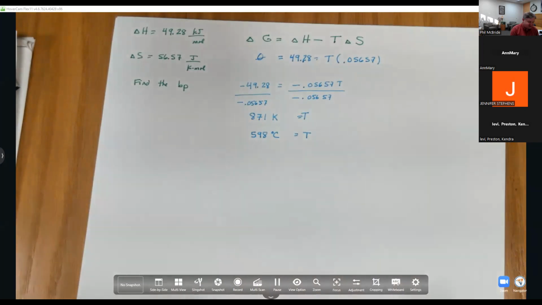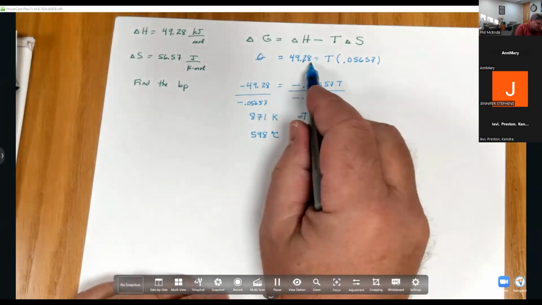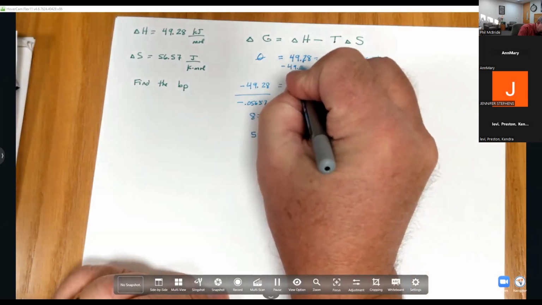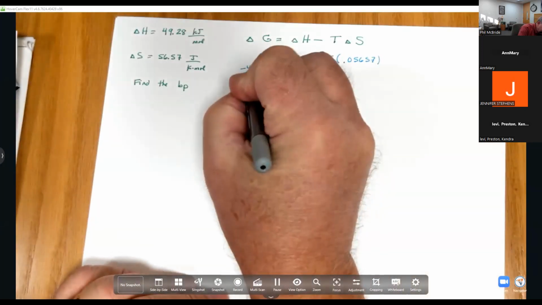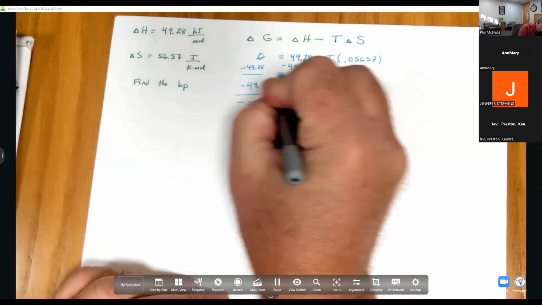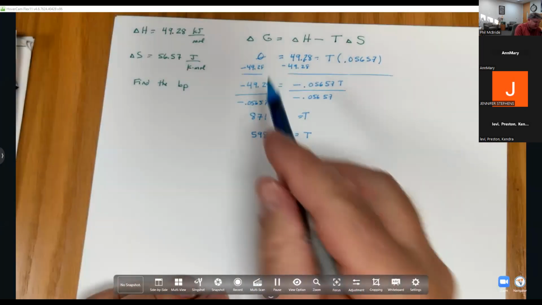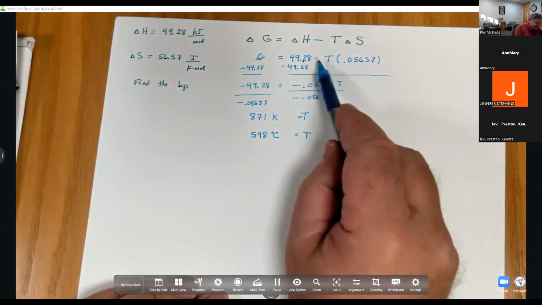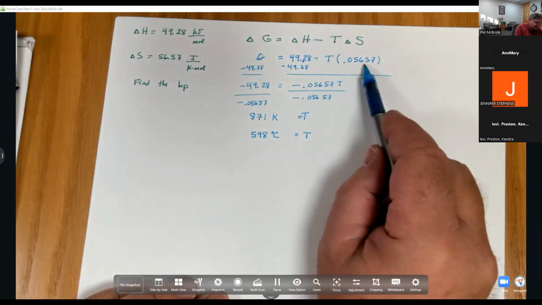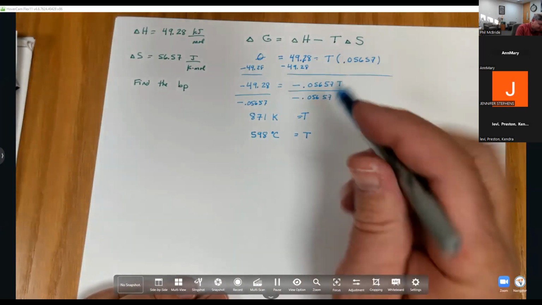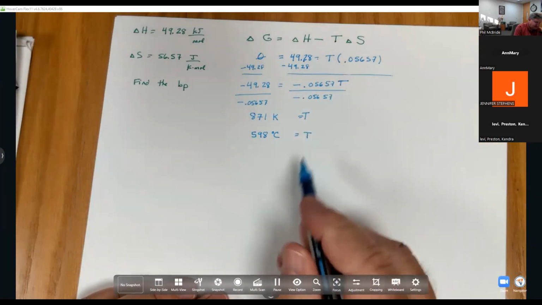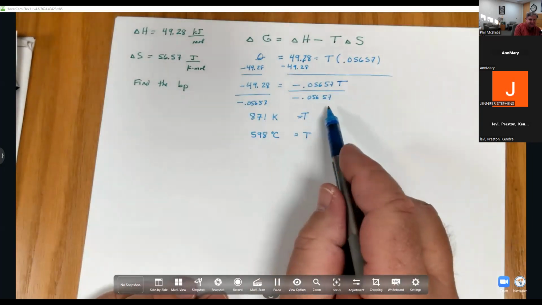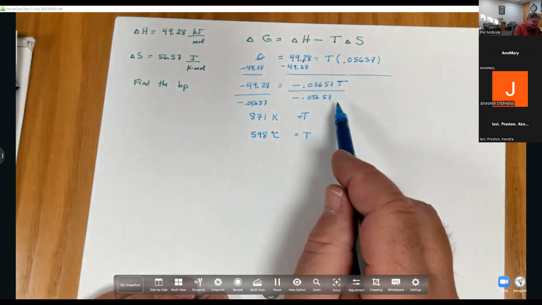In this case, I just subtracted 49.28 from both sides, which gives me negative 49.28 on the left side equals negative 0.05657 T. And then to solve for T, we divide both sides by the negative 0.05657.